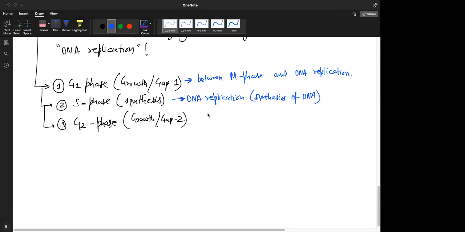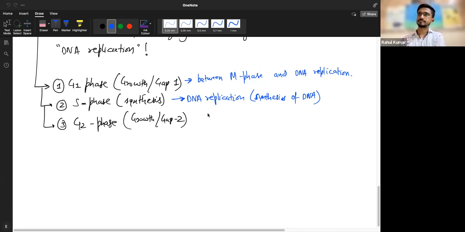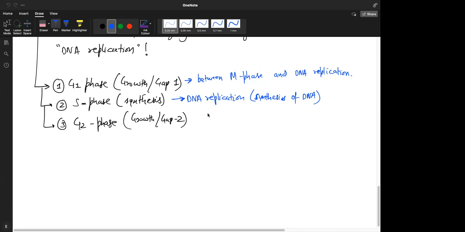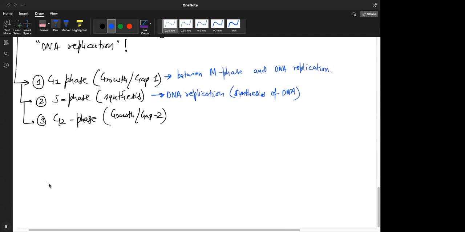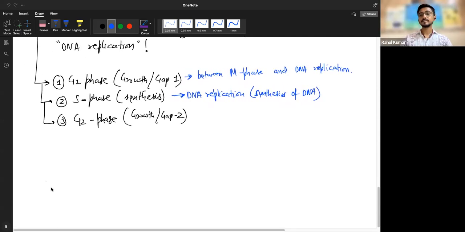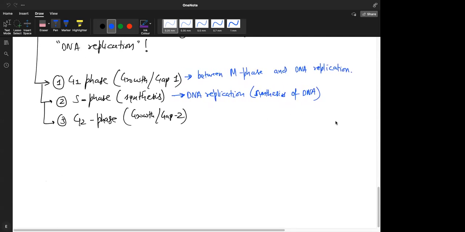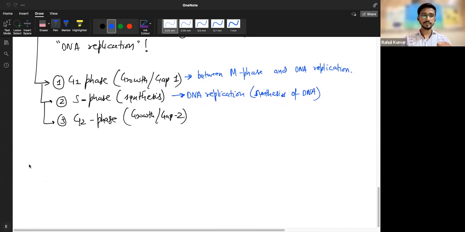Yes, but it will be the same amount of chromosomes. I think they maintain the same ploidy. Exactly, they have to maintain the same ploidy. Perfect. And what do we mean by ploidy? The N content of the cell.